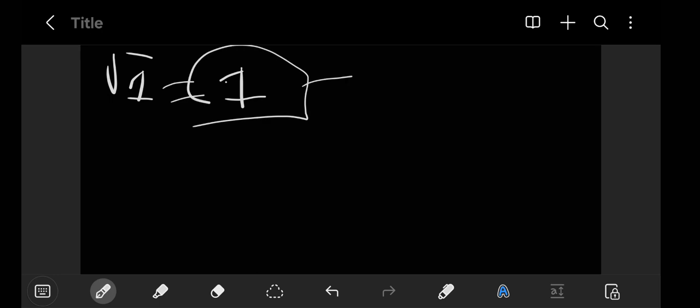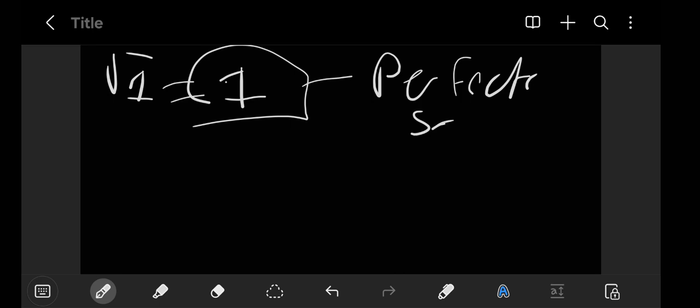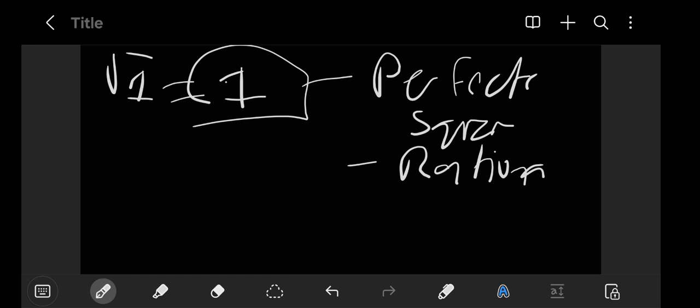Because it is a perfect square, we also know that it's rational. It can be written as a fraction, as 1 over 1. And if it's rational, it's a perfect square. If it's irrational, it'll be the opposite, so it's not a perfect square.